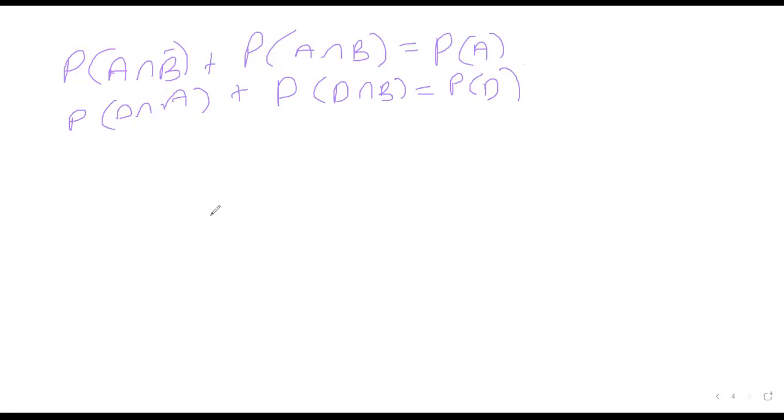Now, if you're given the probability of A given B complement as 0.2, and we're given the probability of A as 0.3, and we're given the probability of B as 0.4.